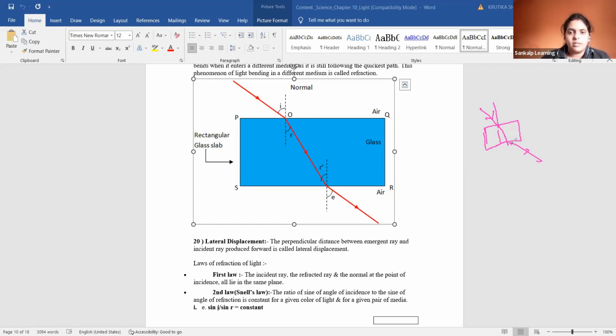If I extend this emergent ray, you can see in the figure, if I extend the emergent ray in the backward direction, and the incident ray in the forward direction, this perpendicular distance is called as what?